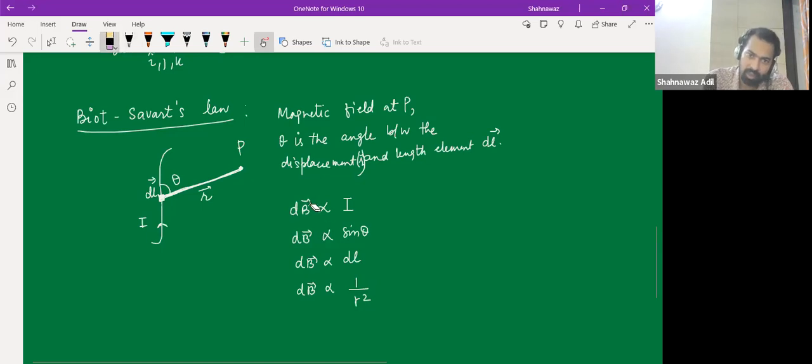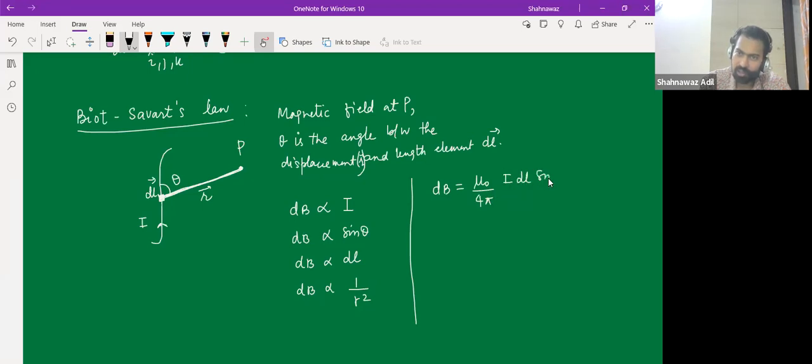I am only talking about the magnitudes, right? So when I combine these quantities and remove the proportionality constant, I will get mu naught by 4 pi, I dl sine theta divided by r square.